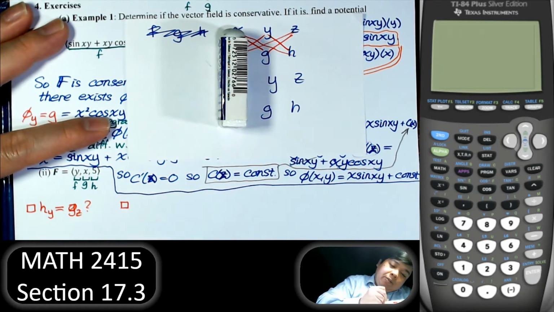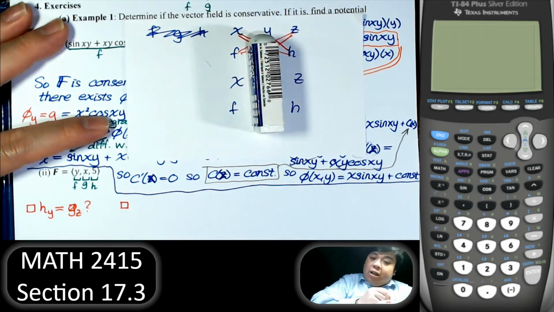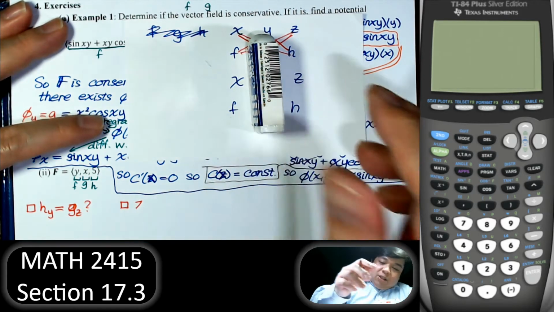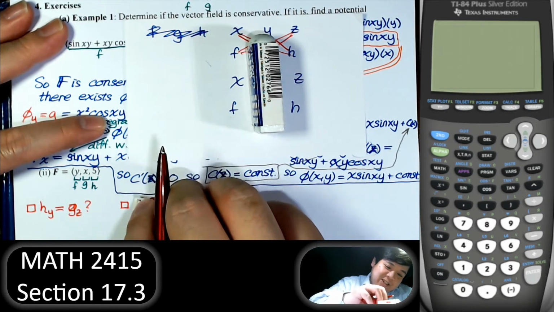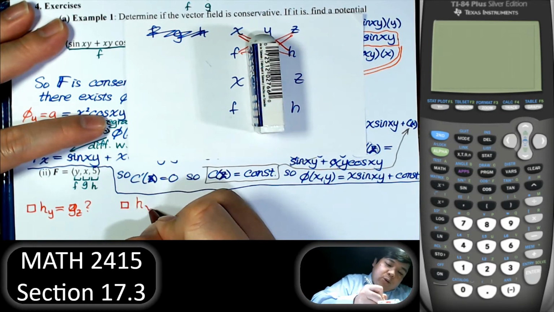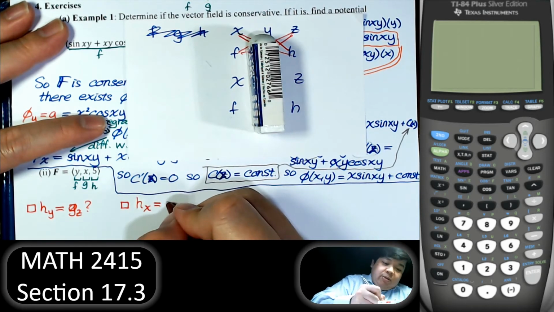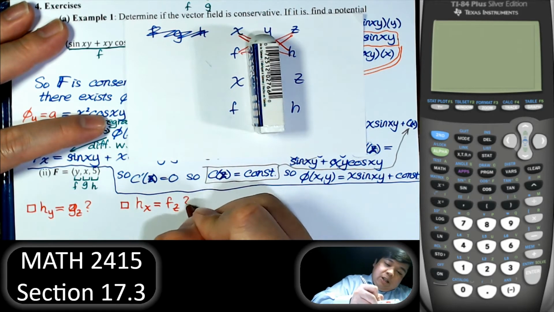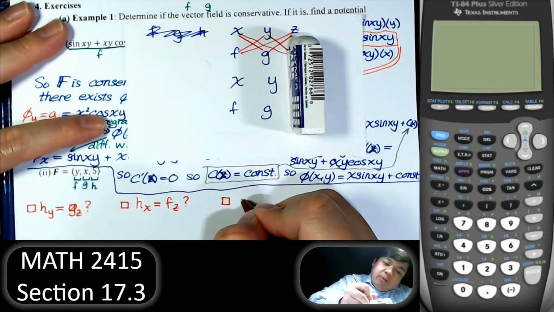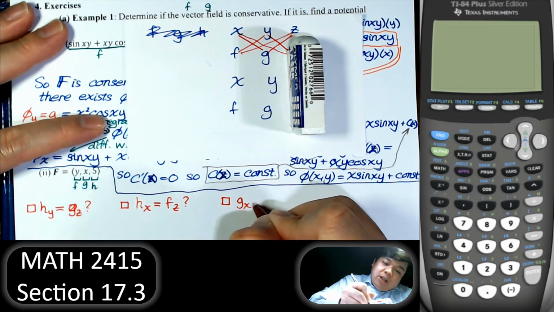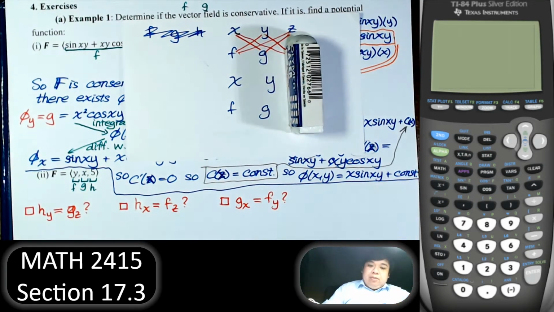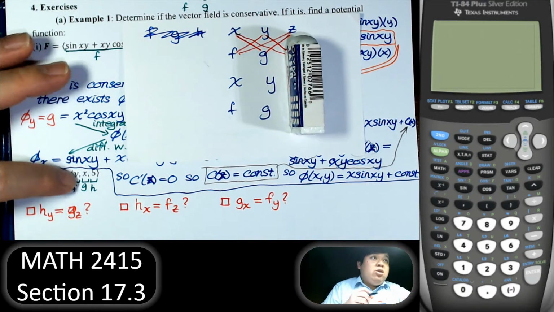Second, is the derivative of h with respect to x the same as the derivative of f with respect to z? And the third one is the derivative of g with respect to x the same as the derivative of f with respect to y? We need to track all three of them.